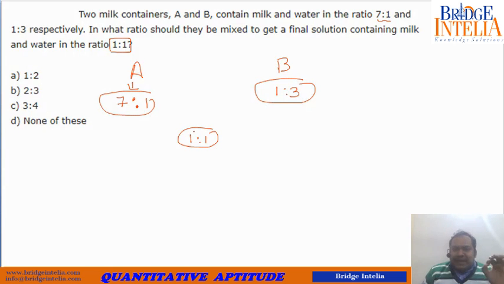So the best way to approach these questions, if all the three figures are given in terms of ratio, add the terms of the ratio. 7 plus 1, 8, 1 plus 3, 4, and 1 plus 1, 2. So now take the LCM of these three, 8, 4, and 2. So what is the LCM of 8, 4, and 2? 8 itself.